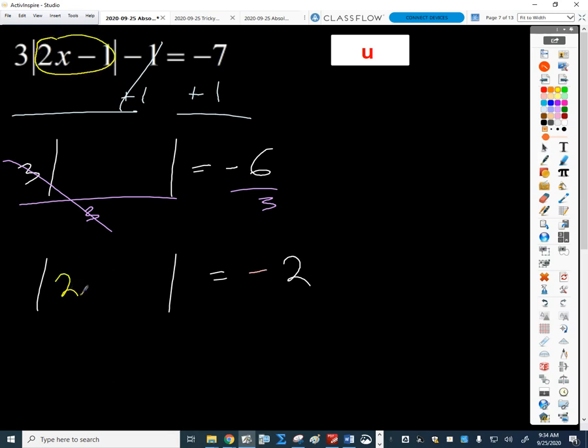Can anybody see a problem with what we came up with there? The absolute value of who cares equals negative 2. James, is that a problem? You see something wrong with that?